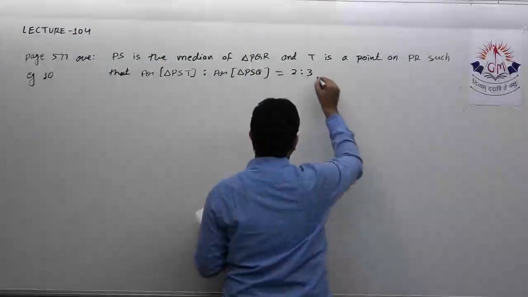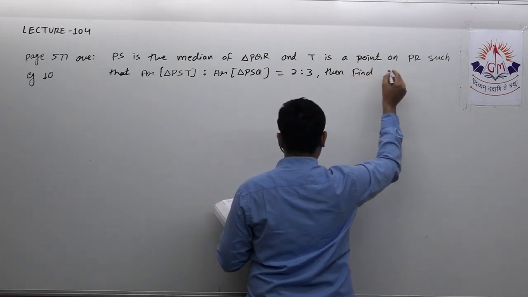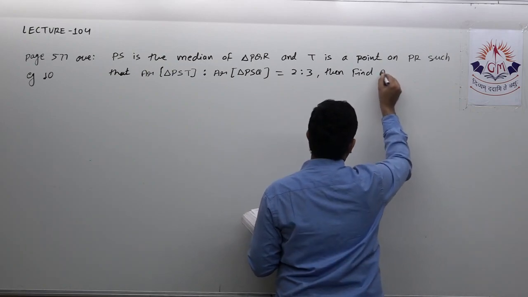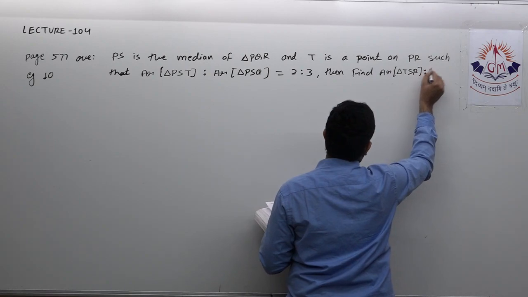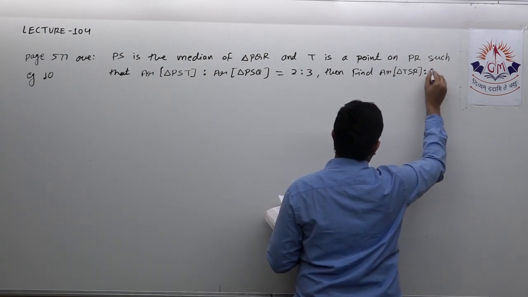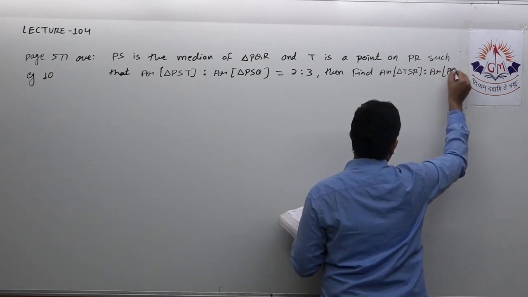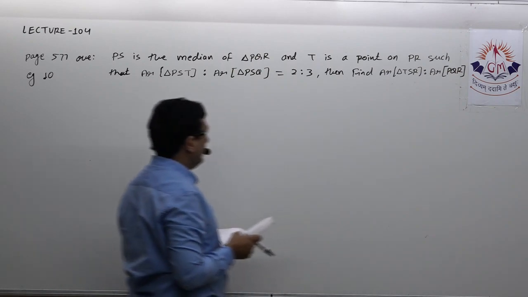Then find the area of triangle TSR is to area of triangle PQR.